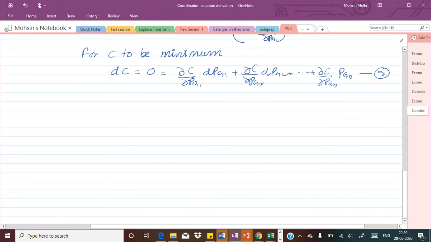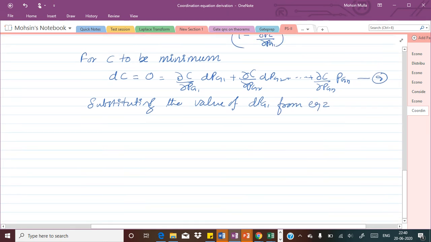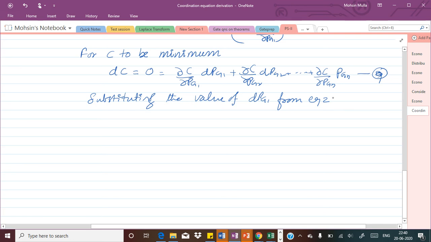Okay, so now let us substitute for that dPg1 term here. So already we have got that dPg1 term, so let us substitute that and write one more equation from this. Substituting the value of dPg1 from equation 8 in equation 9. Yeah, this is equation number 9, equation number 8.